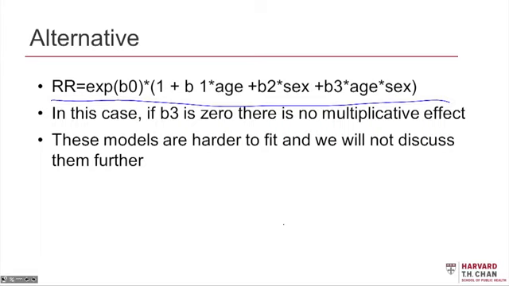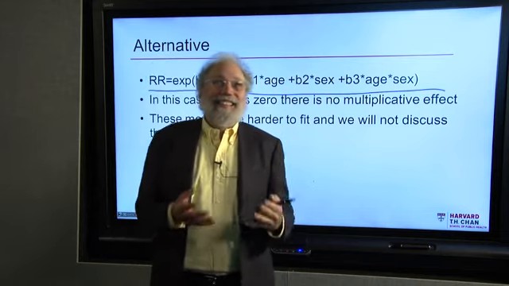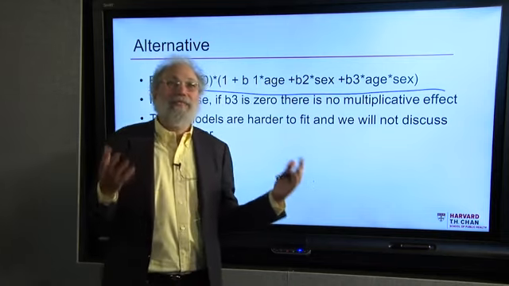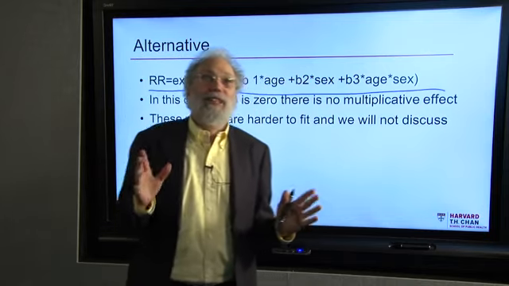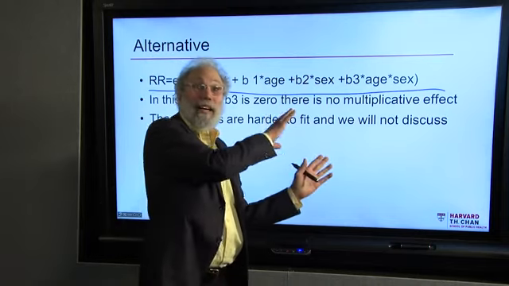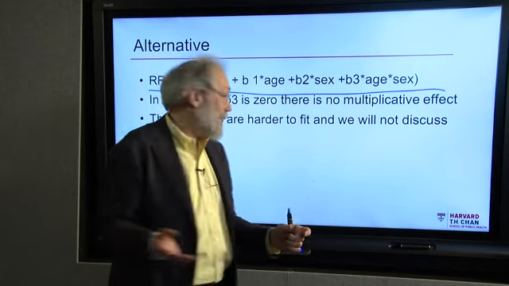There's no effect modification. So this is a really nice model to fit. And unfortunately, this is an 8-week class where I'm trying to cover an awful lot of stuff, and this is a more complicated model, and of course SAS is not the most up-to-date statistical package in the world, so I want to remind you that these models exist, but we're not going to have time to talk about them.